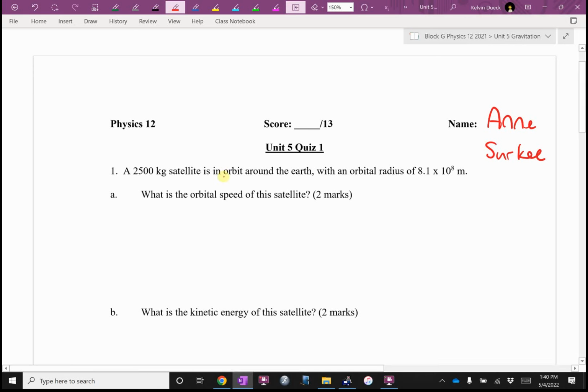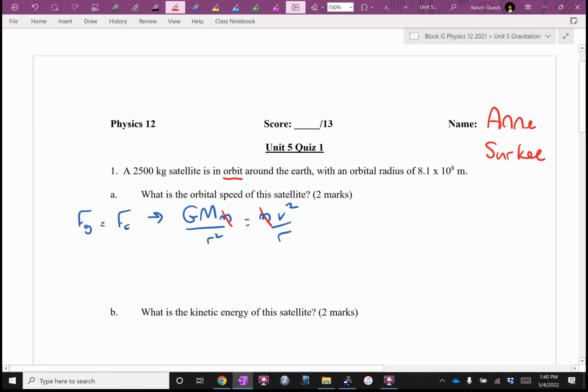So number one, key phrase is orbit. Because we're in orbit, I can say gravity is what's pulling me in a circle. I can say big G, big M, little m over r squared equals little m, and because they mentioned speed, v squared over r.